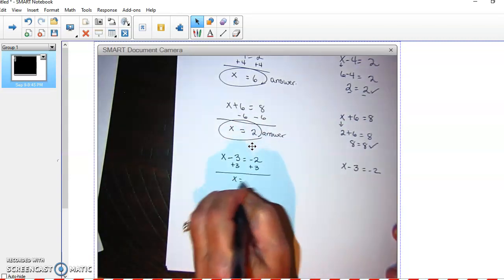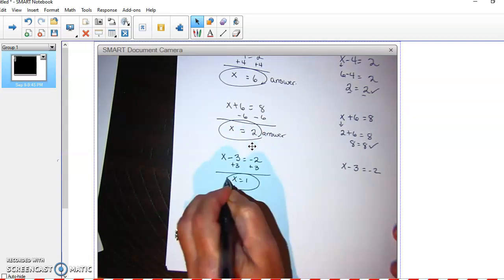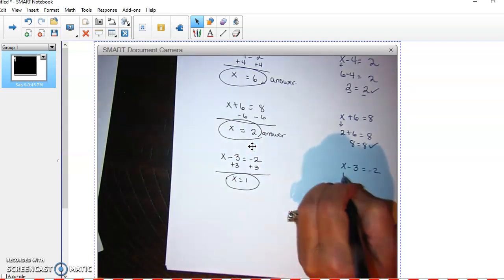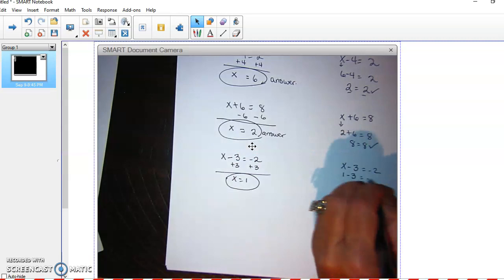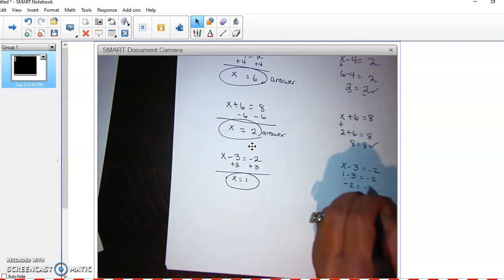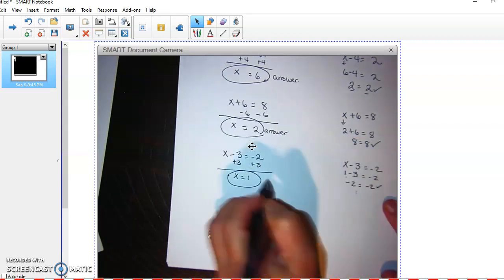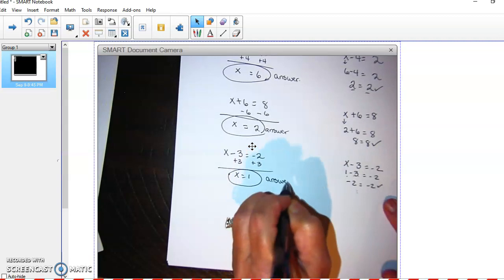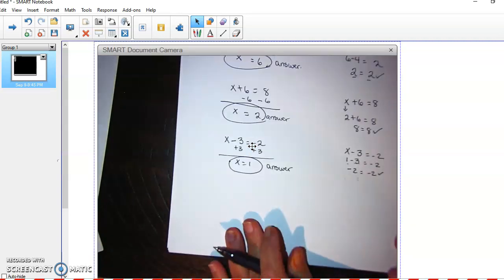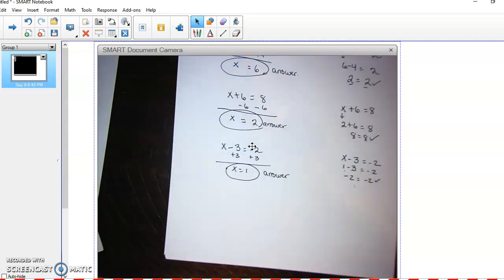And x equals 1. Let's check by substituting in. 1 minus 3 is negative 2. This side equals that side, so that checks, which means the answer is correct. Okay? And that's it for that problem there.